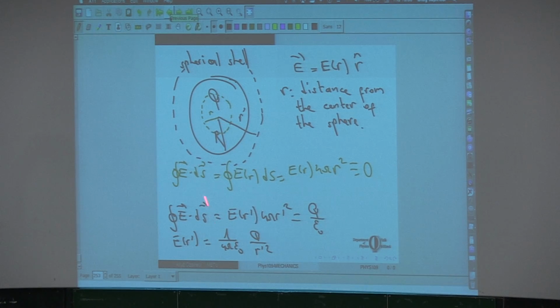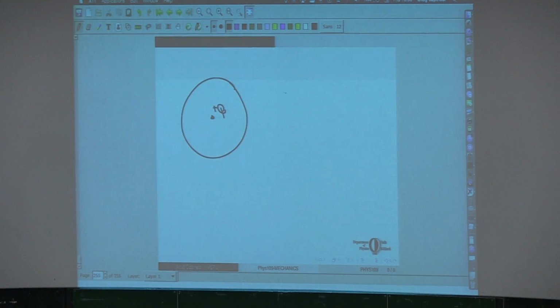We can do the same treatment whether we are inside or outside the shell. Q enclosed will always be Q. So the electric field in this case will always be, whether we are inside or outside, in the radial direction, 1 over 4 pi epsilon 0 Q over r squared. So what is puzzling you?